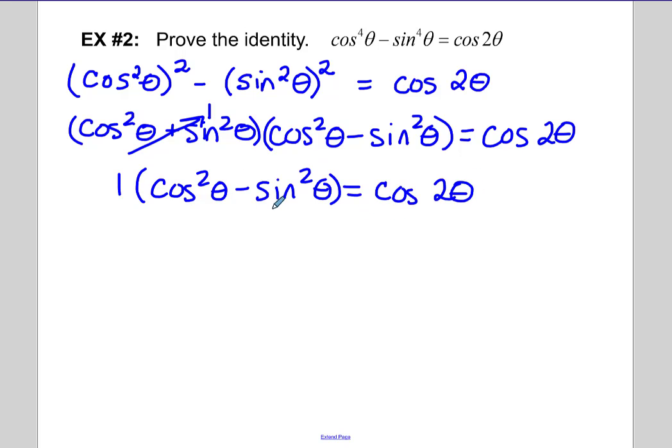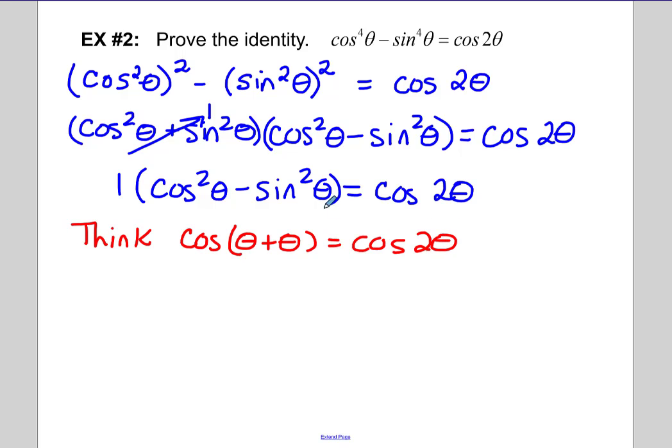Now, if you don't recognize this, go back and recall, let's just think for a minute, what the cosine of theta plus theta, which is cosine 2 theta, what did that look like from our last lesson? The pattern for cosine of the sum of 2 angles was cosine, cosine, sine, sine.